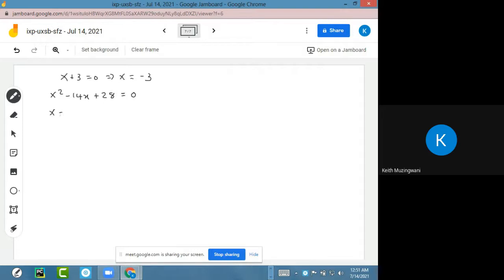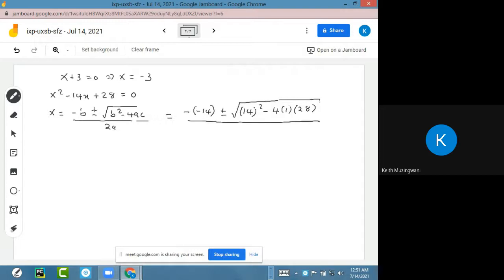Now we are saying x is equal to negative b plus or minus the root of b squared minus 4ac over 2a, giving us negative b, which is negative 14, plus or minus b squared, which is 14 squared, minus 4, a is 1, and c is 28. Everything over 2 by 1.